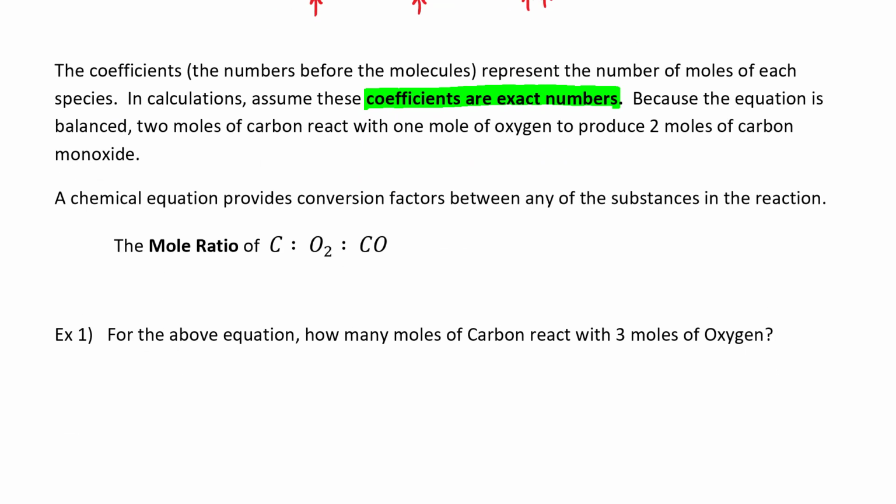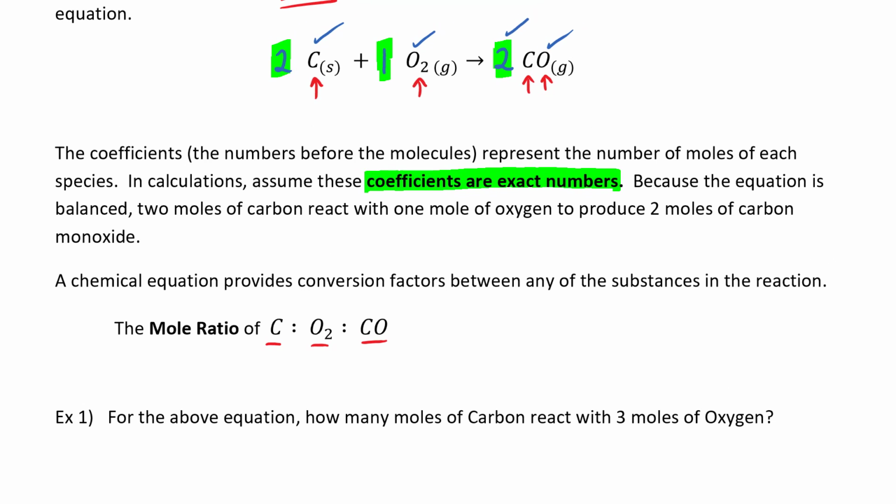We can build a mole ratio for the amount of carbon to the amount of oxygen to the amount of carbon monoxide. And if we look at our balanced chemical equation, the ratio is 2 to 1 to 2. This is important because we can use these coefficients to switch between the different species of chemicals now. Let me show you.